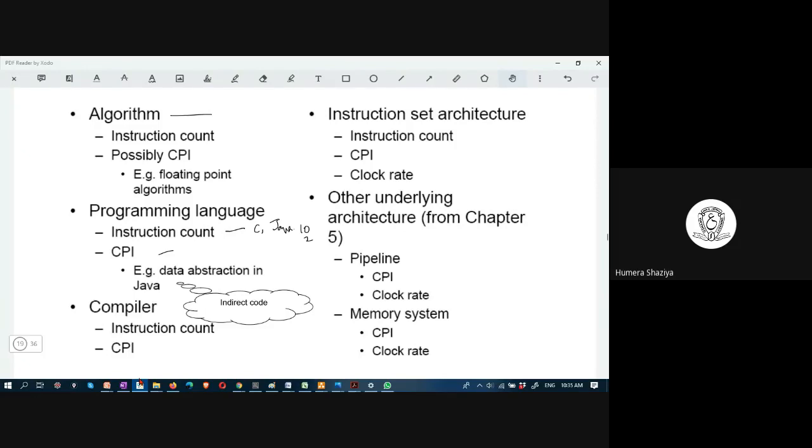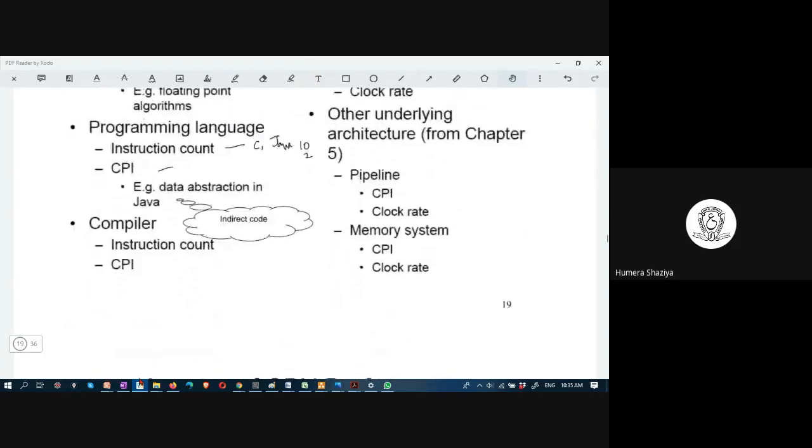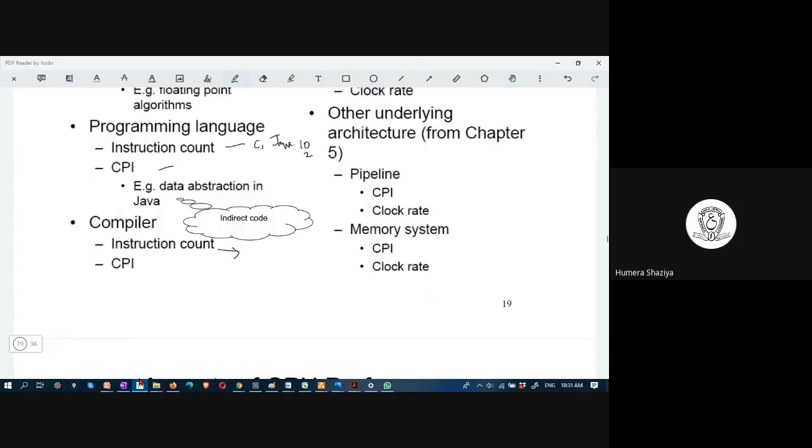Compiler also has an influence over this performance. Even the compiler, when it is translating a language from high level language to low level or machine language, would have an effect.